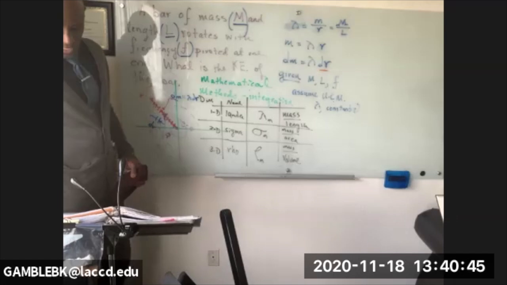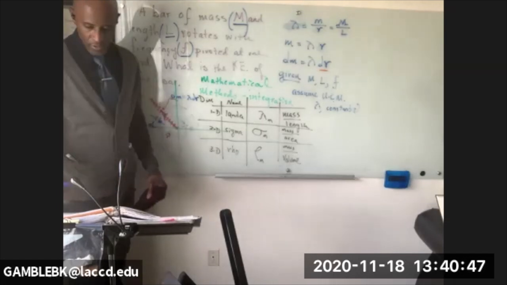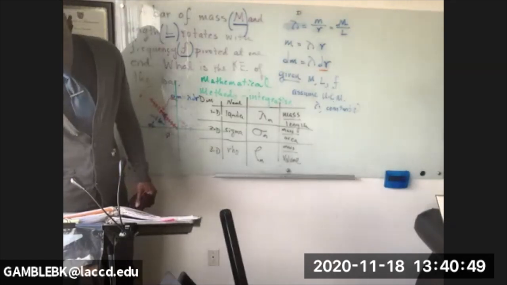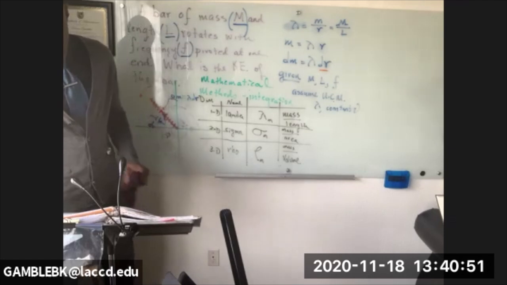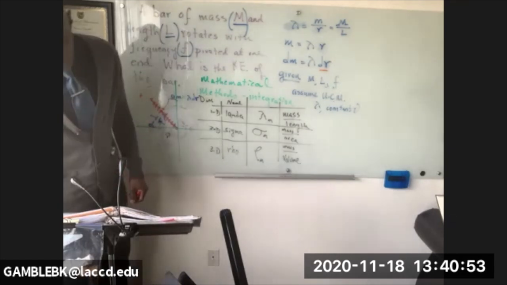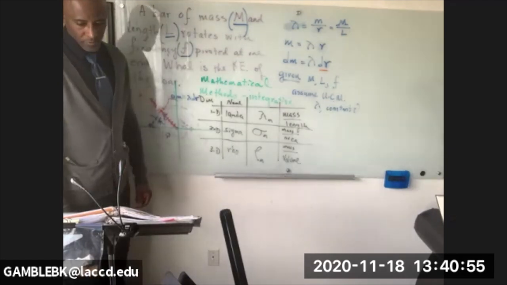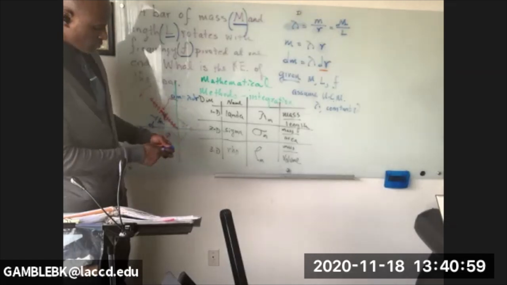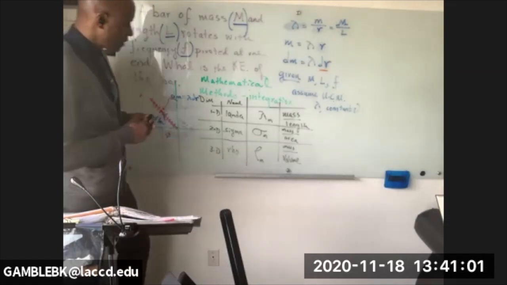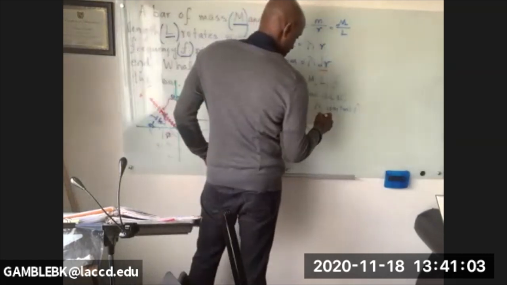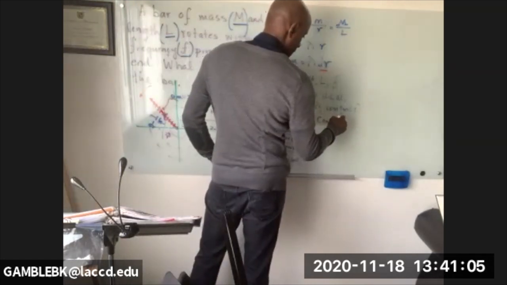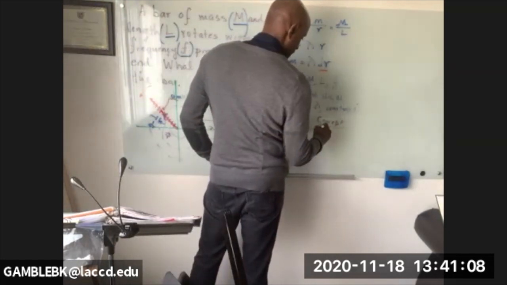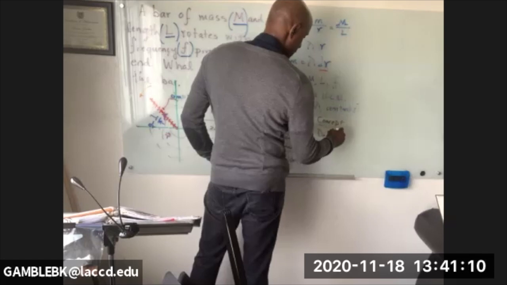Okay, so I want to know the kinetic energy of this thing rotating around. So the concepts that apply, of course, are the definition of kinetic energy. So let's just write it down to be more self-aware. First, the primary concept would be the definition of KE.